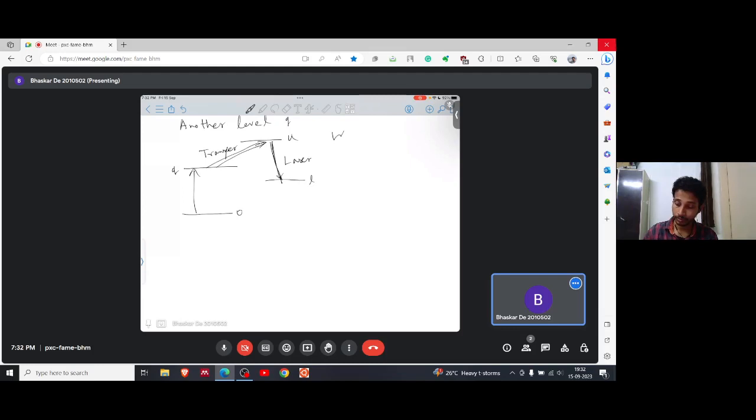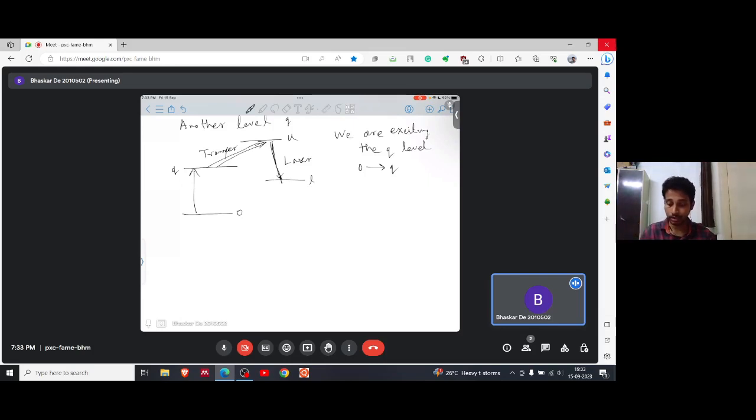So here what is happening is that we are exciting the Q level, not the U level. We are exciting 0 to Q, and then there is a transfer of population from Q to U, and then we have the lasing action from U to L. That's why this process is known as pump and transfer.